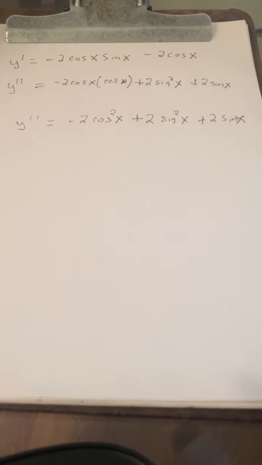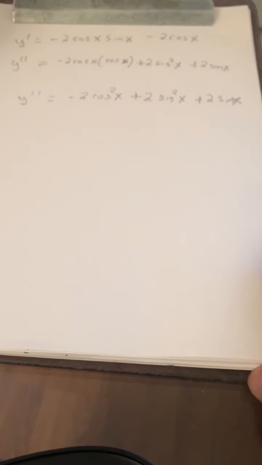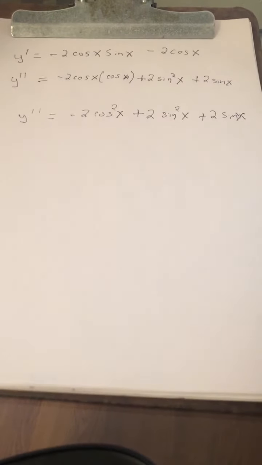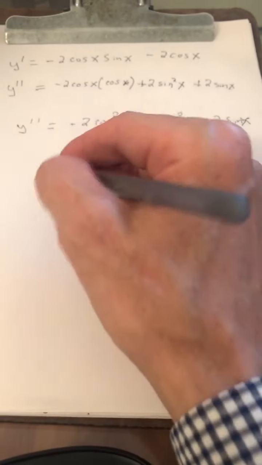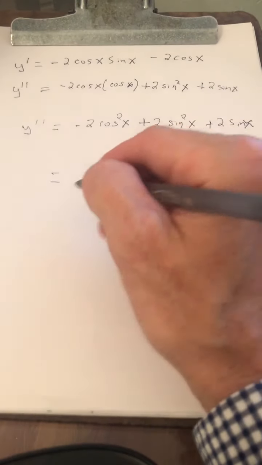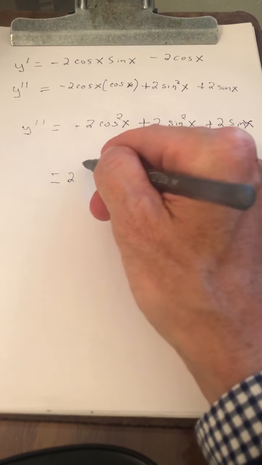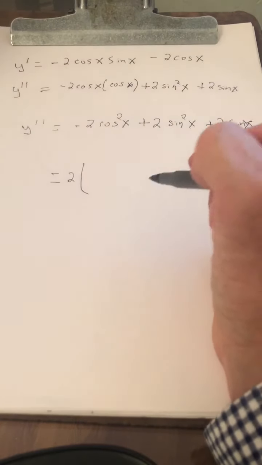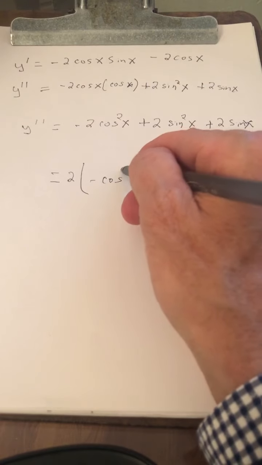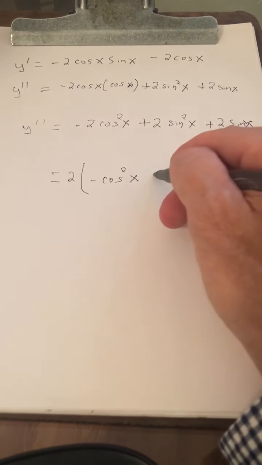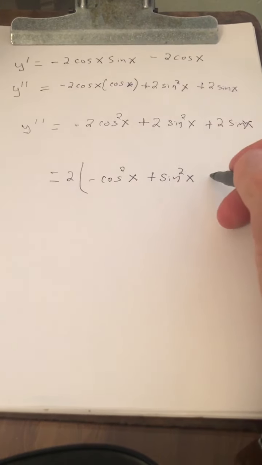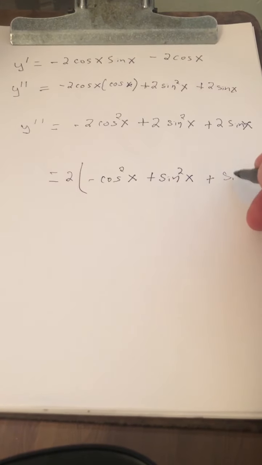Now, what I'm trying to do is find points of inflection, which is where the second derivative changes sign. So I can factor out a 2. So we have 2 times negative cosine squared of x plus sine squared of x plus sine of x.